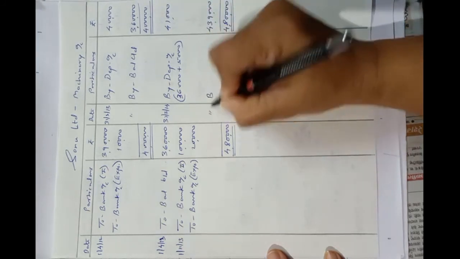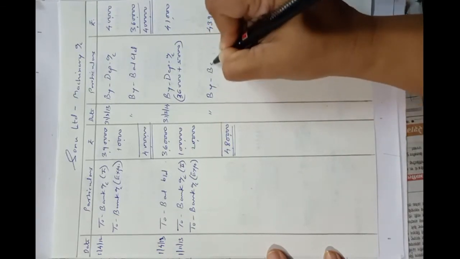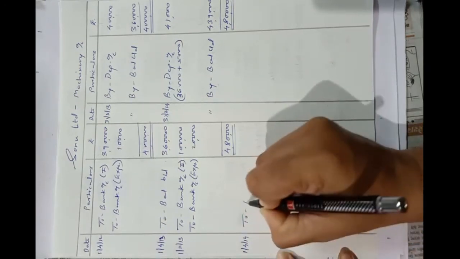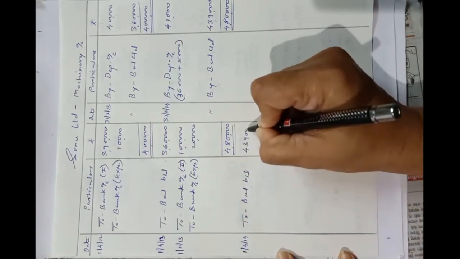At the end of the year, that is on 31st March 2014, by balance carried down, it will be brought down on first day of next year, that is third year, 1st April 2014, to balance brought down 4,39,000.